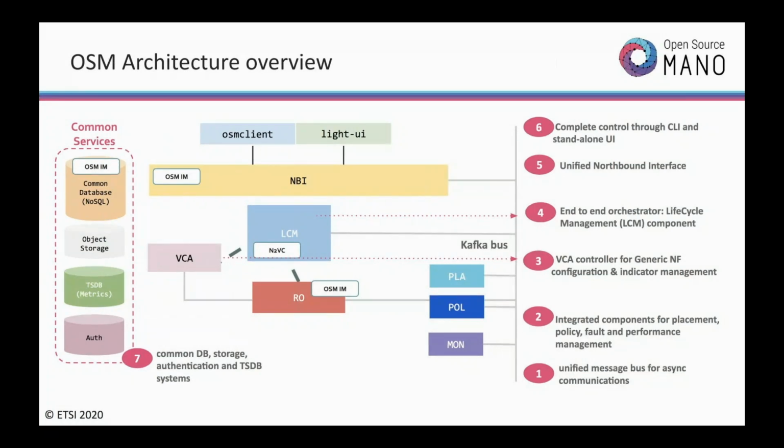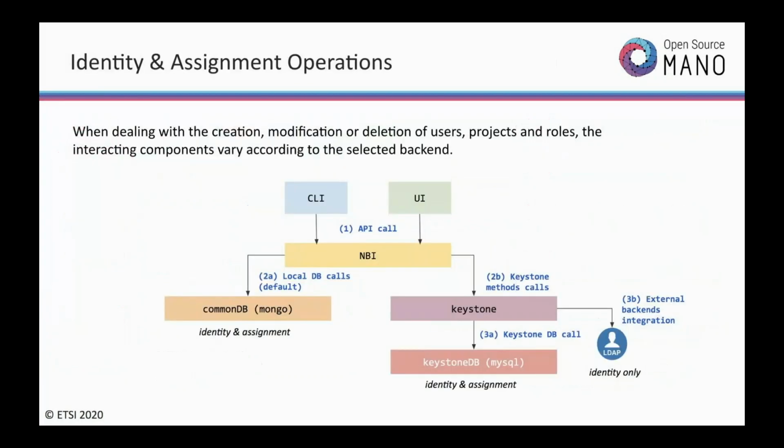This has been shared before, but what is new is these slides, where we want to show you what is going on in each operation that you run in Open Source MANO.